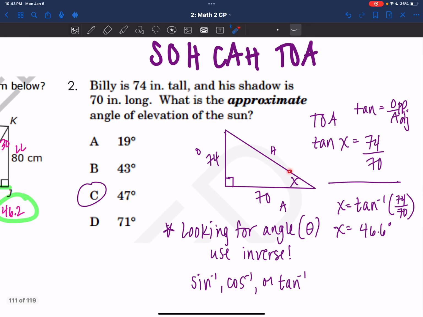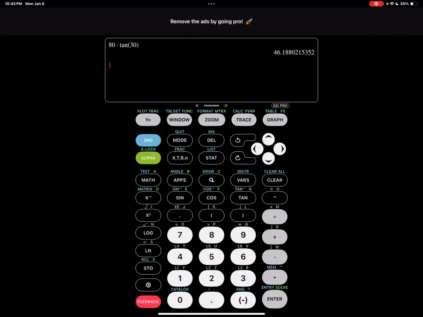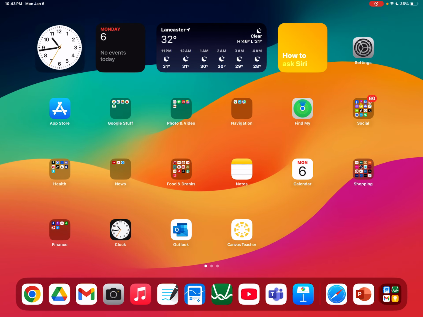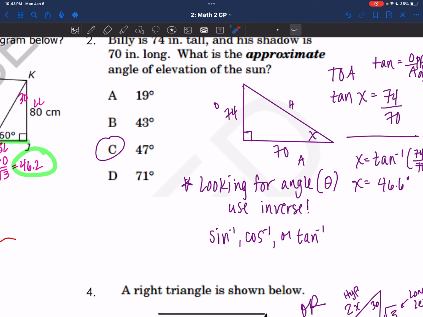So it's the inverse tangent of 74 over 70. You're going to hit second tangent, and then do 74 divided by 70, press enter, and it's going to give you the answer. Just make sure that you are doing the inverse for it, hit second.